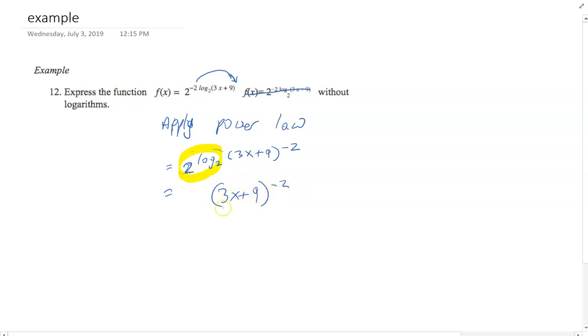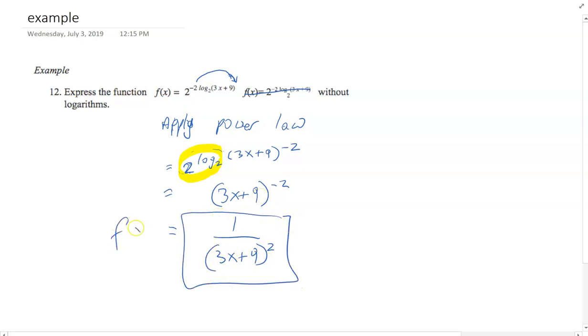And this is a negative exponent, so using the rule that we know about exponents, a negative exponent is 1 over the positive exponent. So this becomes 1 over 3x plus 9 all squared, and then that is your final answer. So f of x is equal to 1 over 3x plus 9 all squared.